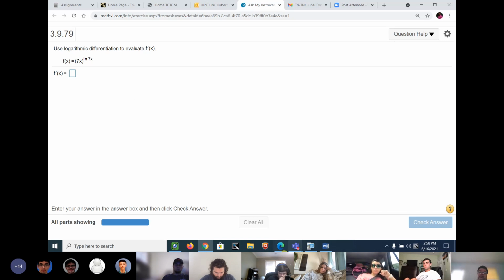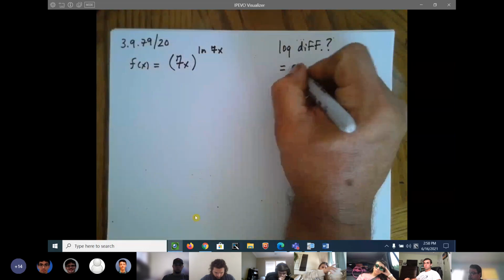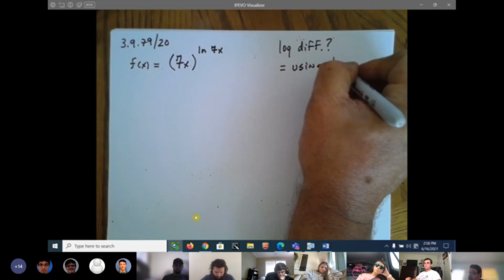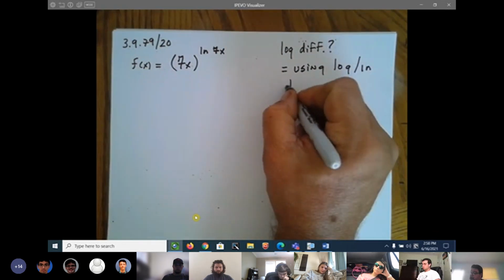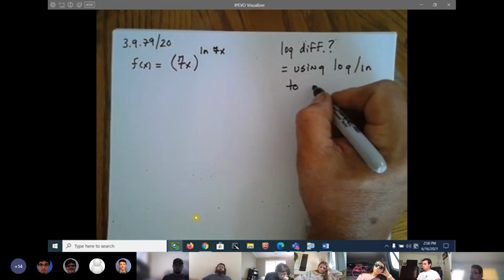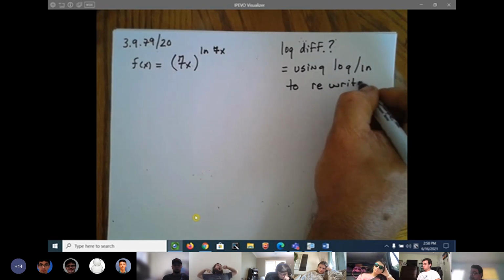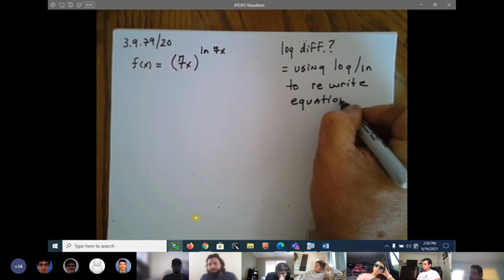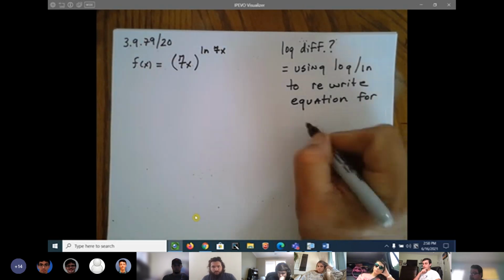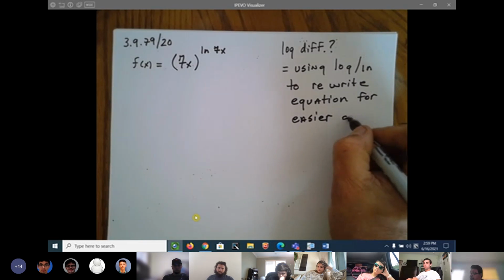Well, if you want it in layman's terms, it's basically using logs to rewrite an equation for easier differentiation.